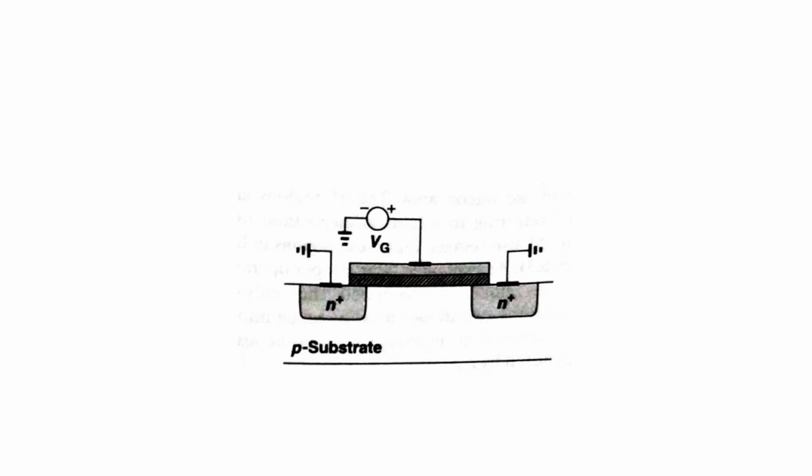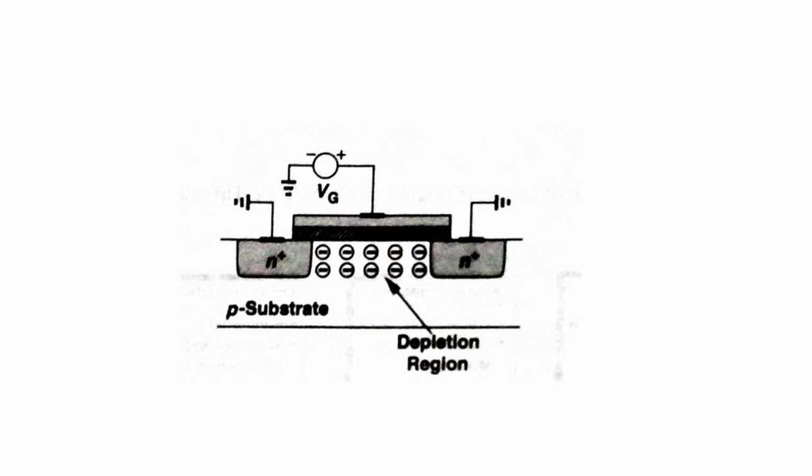Because of the supply voltage, there will be a positive ions formation above the insulating layer, and that positive ions will attract negative ions from the p-type substrate. So there will be a larger number of negative ions occupied near, below the insulating layer. The negative ions formation will be like this, you can see here.